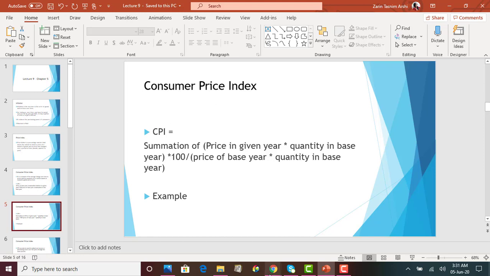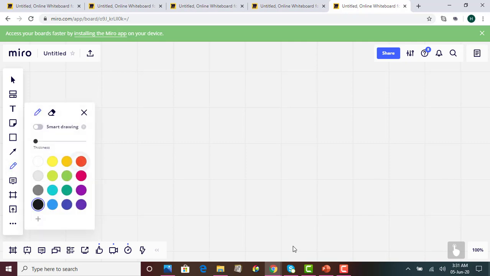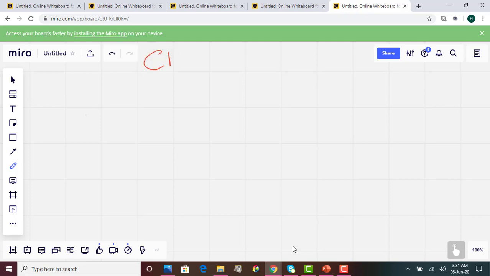So let's do an example of this. Let's say we are trying to calculate CPI, and you are given a table.